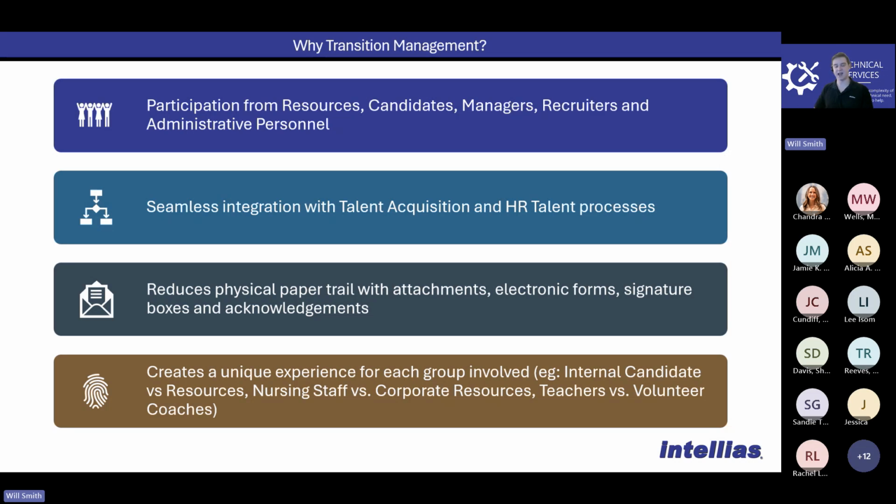So we can have digital attachments, we can have electronic forms to collect or distribute information, electronic signatures, and we have customizable acknowledgement and signature boxes that let us put whatever text we might need in front of our employees to, again, help us massively reduce that paper trail and that need for physical or paper documents. And again, it amalgamates that all into one place as opposed to having to keep a physical employee file or something like that.